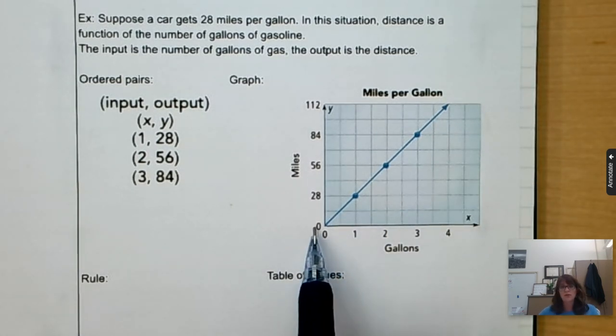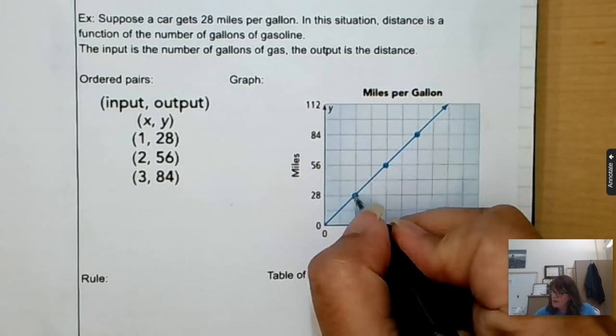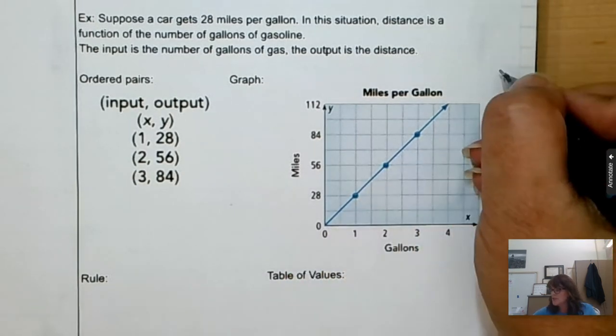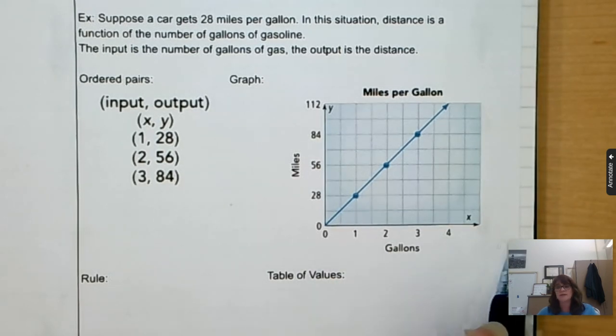No gas, no go. So this one happens to be proportional. It starts at the origin. 1 gallon, 28 miles, 2 gallons, 56, and it keeps going. If I could put in 100 gallons of gasoline in one truck, which I can't, then we could figure out how far he could go.